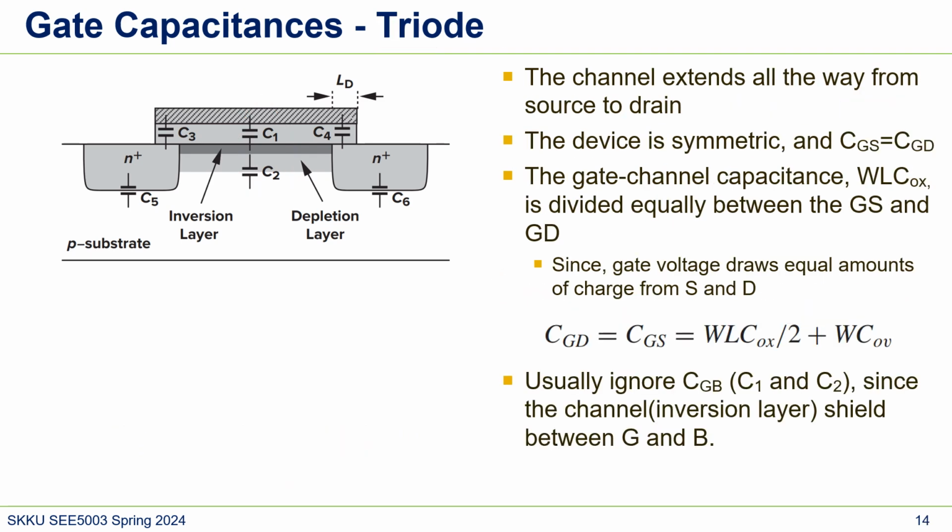Now triode means linear region, which means the gate is turned on. The gate voltage is larger than VTH. So we do have an inversion layer, which is composed of electrons. What happened here is this part, the gate channel capacitance. You know what a capacitance is?